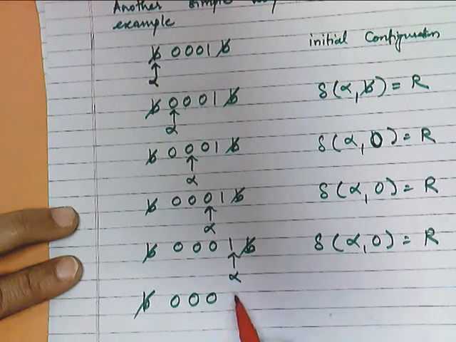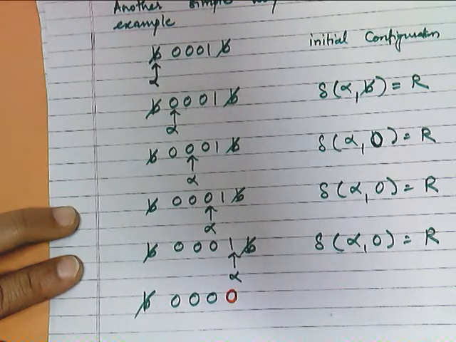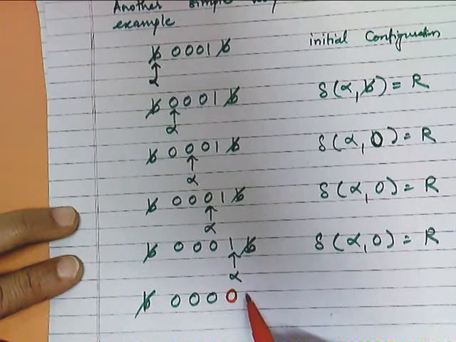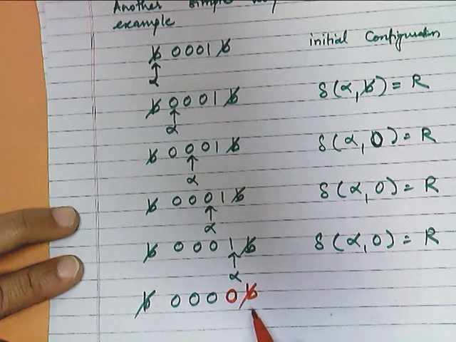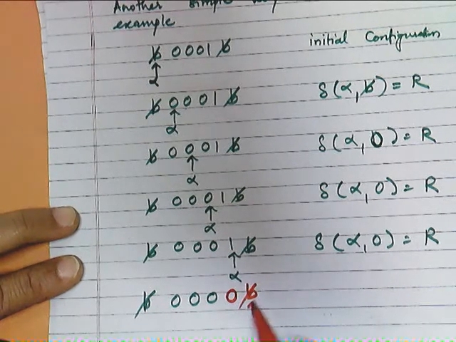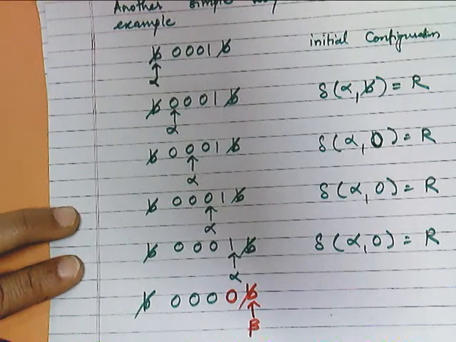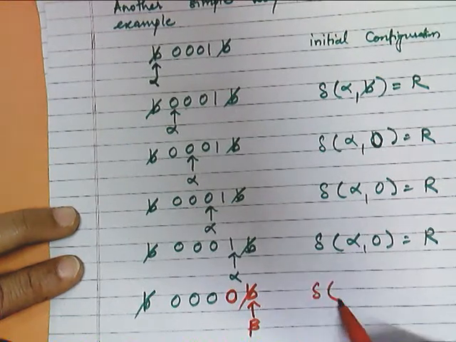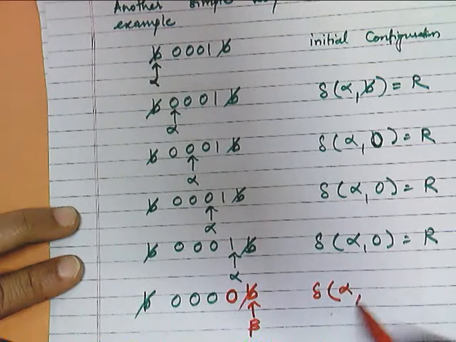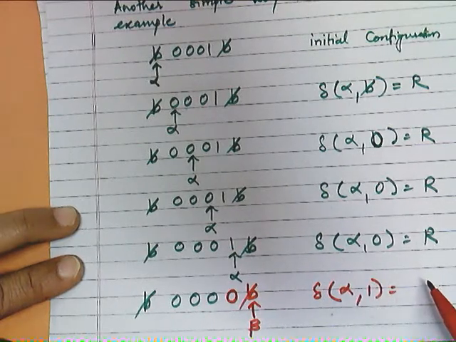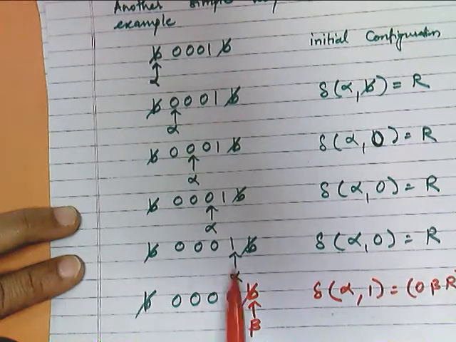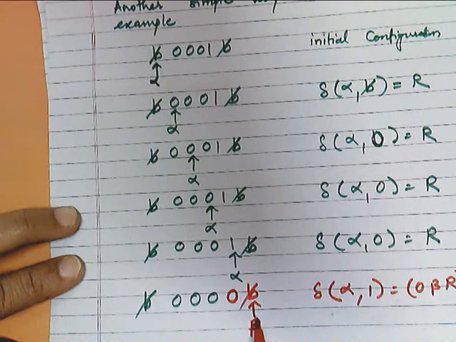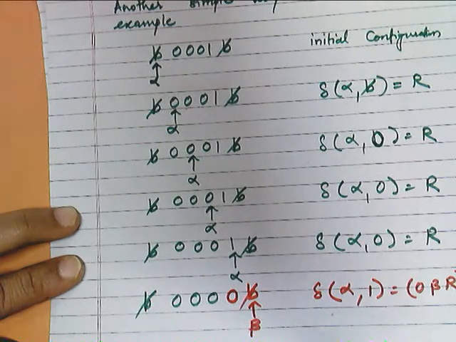If alpha and 1, then it should be updated to 0, your pointer should move towards the right, and the state needs to be changed to beta. This is because delta alpha comma 1 is giving you the information 0, beta, R. So 1 is converted to 0, move towards right, and the state changes to beta.